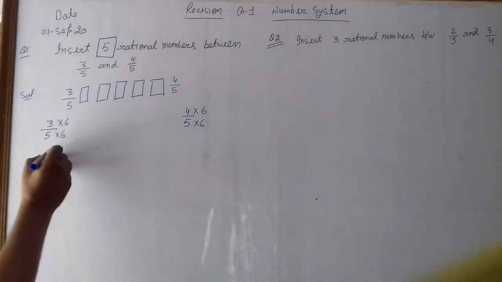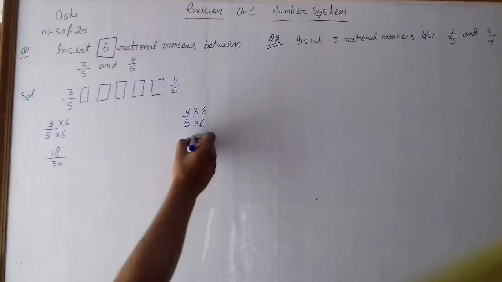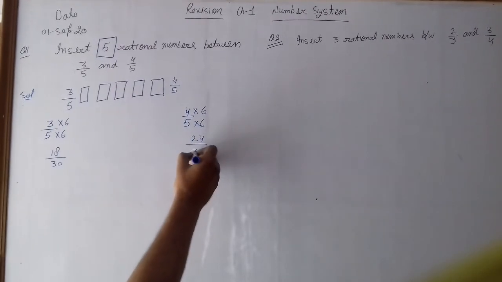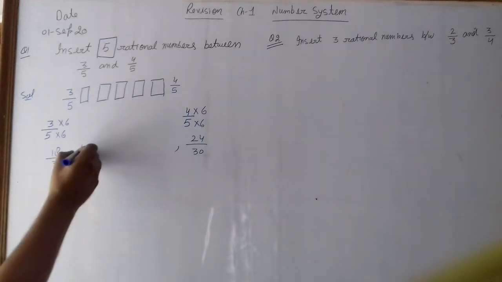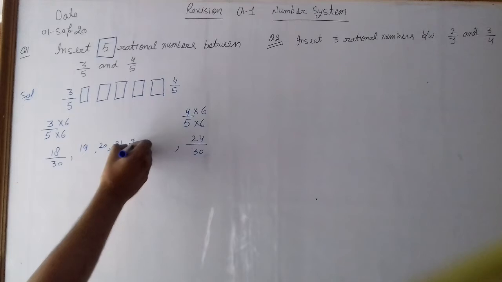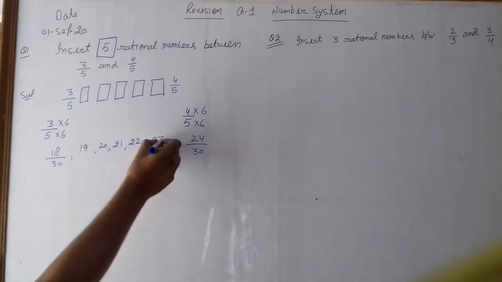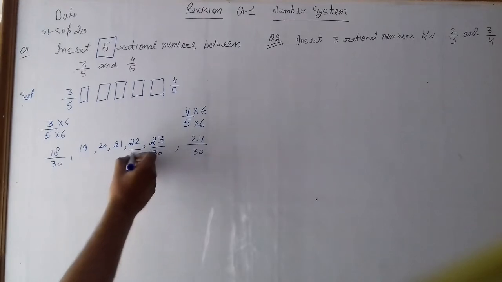So 3 6 ja 18 upon 30 and here 4 6 ja 24 upon 30. Now between these, after 18 we have 19, then 20, 21, 22 and 23. Write upon 30 under each number.